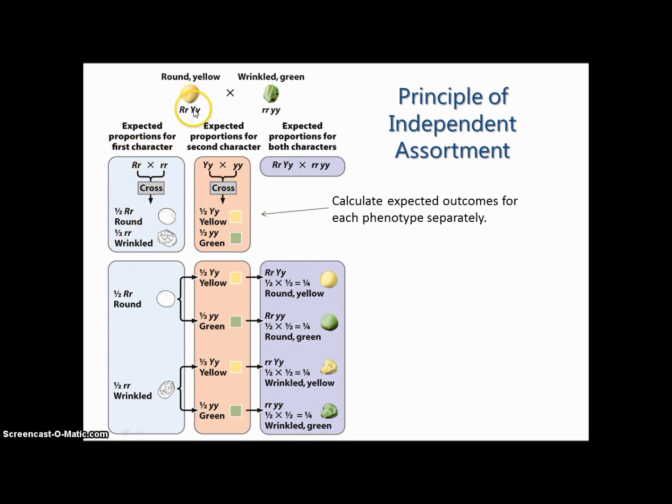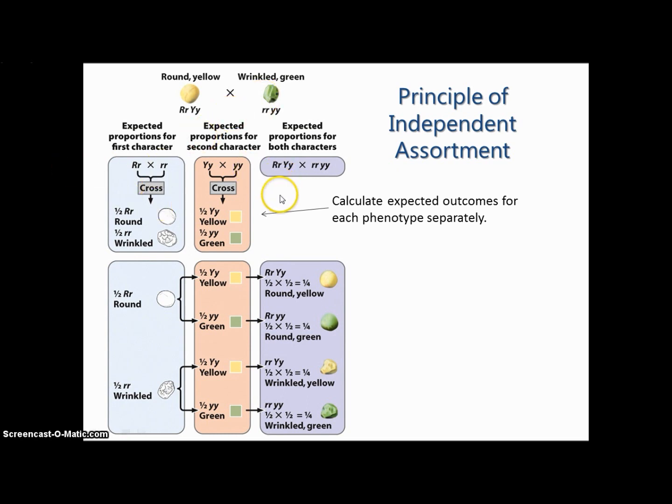So let's say here's our cross, a dihybrid individual crossed with a recessive homozygote. So this is also a test cross, because the test cross that we saw previously was a hybrid individual, a heterozygote, crossed with a recessive homozygote. Here it's just two loci. We have an individual who is a heterozygote at two loci crossed with an individual who is recessive homozygous at those same two loci.